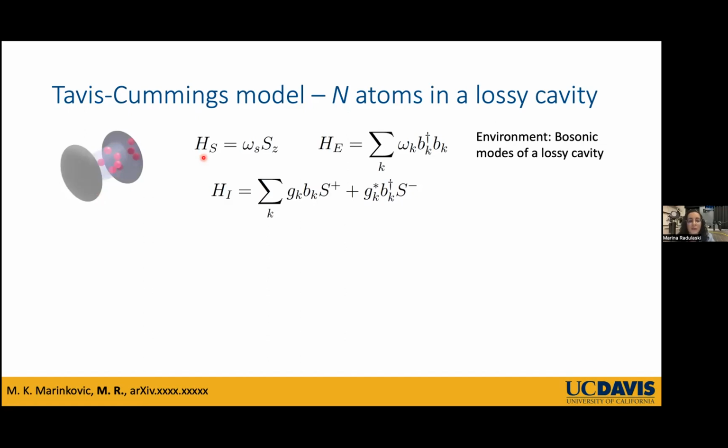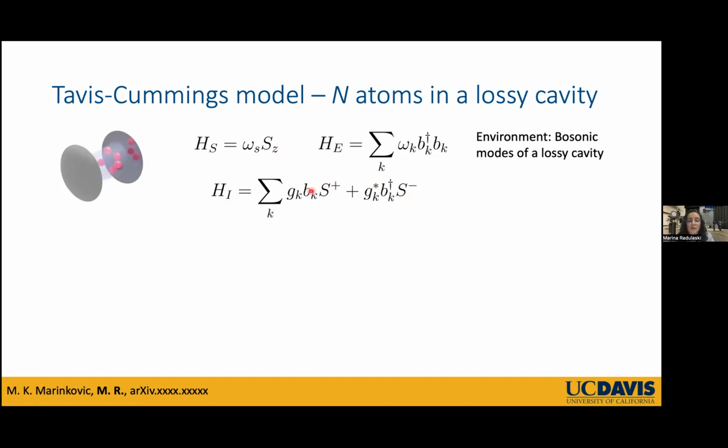So we first write down the Hamiltonian. The system Hamiltonian is a collective excitation of n two-level systems, and it can be represented through the collective spin operator SC. And the environment is represented as a set of bosonic modes. The interaction is given by the Tavis-Cummings Hamiltonian, which is excitation preserving.